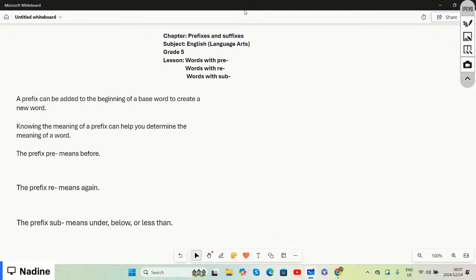And we say that a prefix specifically is a word that is added to the beginning of a base word to create a new word.